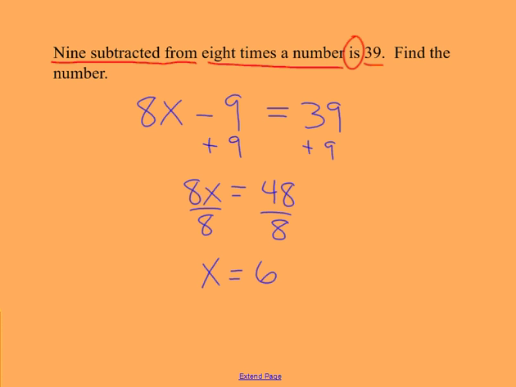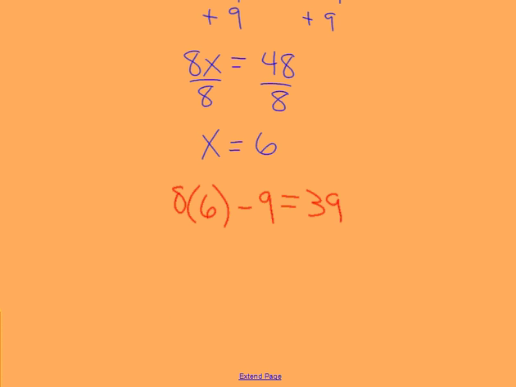If we plug 6 in for x, we get 8 times 6 minus 9 equals 39. And of course, 8 times 6 is 48. 48 minus 9 should equal 39, and indeed it does. So we can be sure that we've solved this correctly, and 6 is our answer.